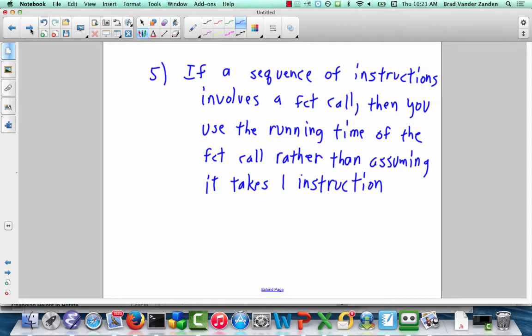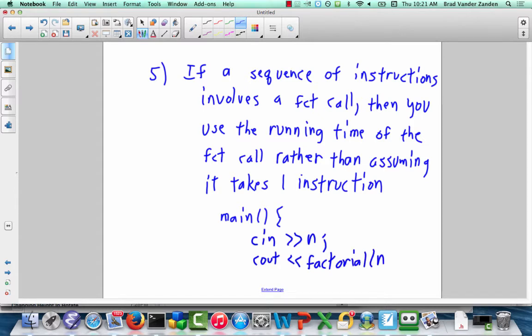Like if I have main, and I do cin into n, cout gets factorial of n, it is not right to say that the running time of this thing is 2 instructions, because we pretty much know that factorial of n takes order n time to compute.